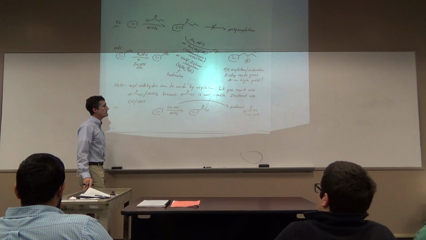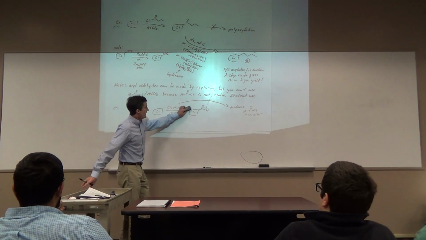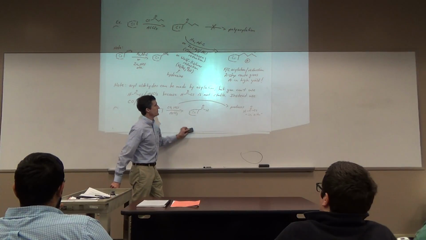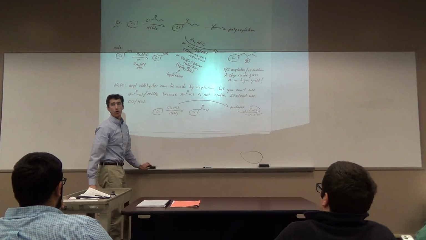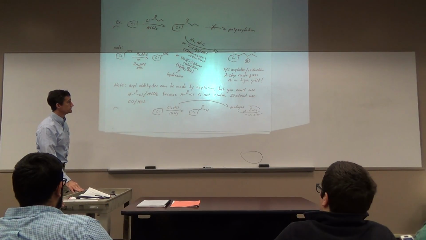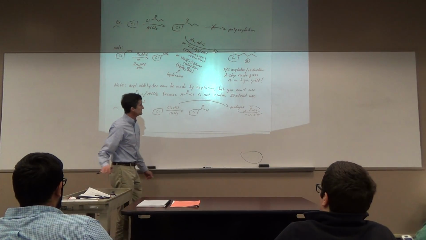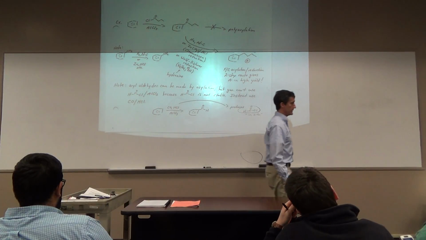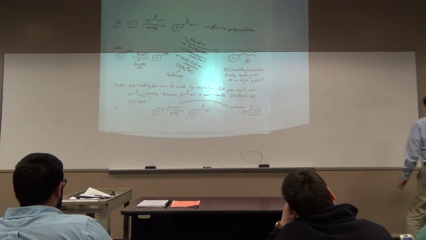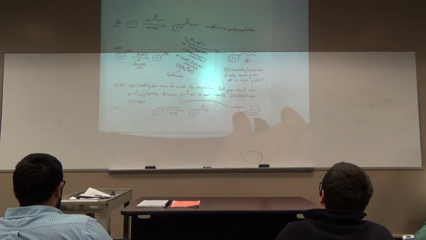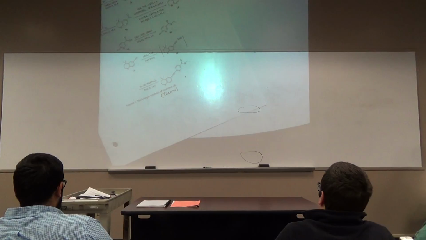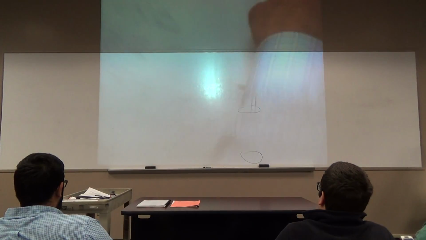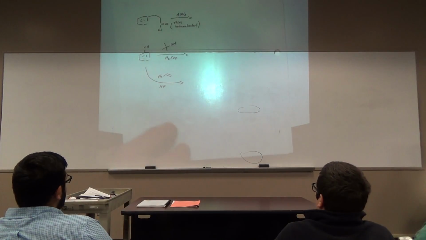If you look it up on the wiki, you'll probably get a hit. But if you understand that those produce this, and then you do your old mechanism, and R is essentially H, then that would be a way to get an aldehyde directly on the ring. Questions about that page? So the acylation tends to be a much better reaction.